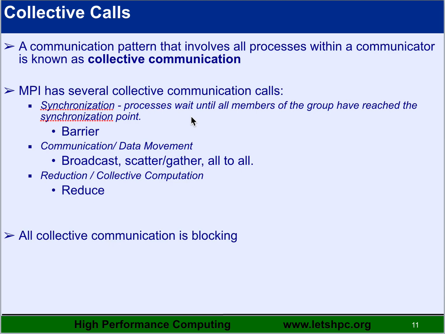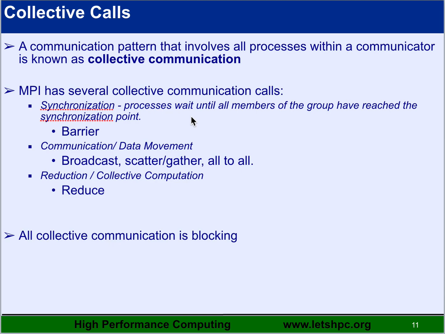In the first one, synchronization, we want to reach a synchronization point, so we want to create some kind of synchronization among all the processes. The second one is more about data movement.